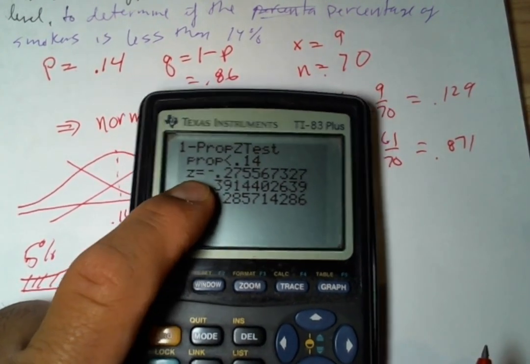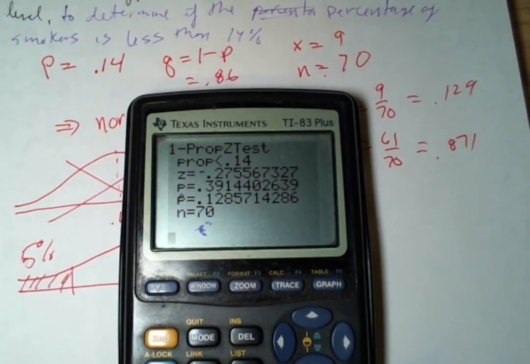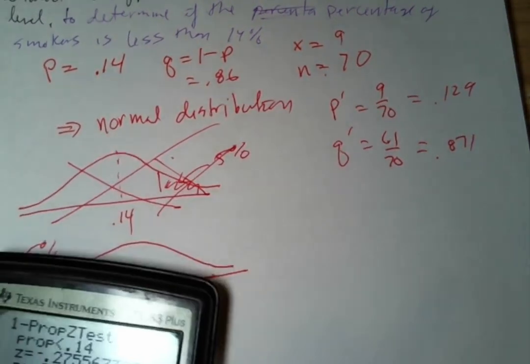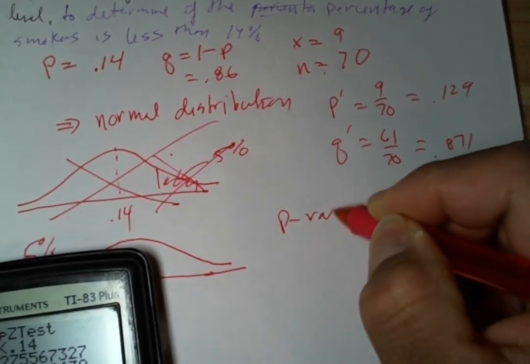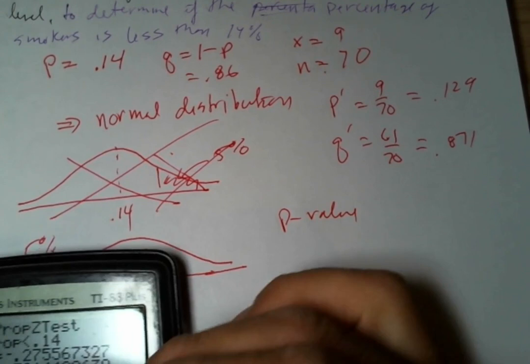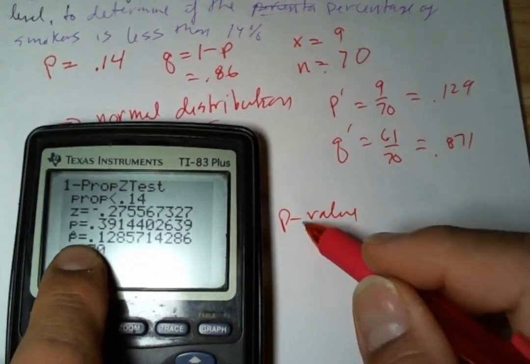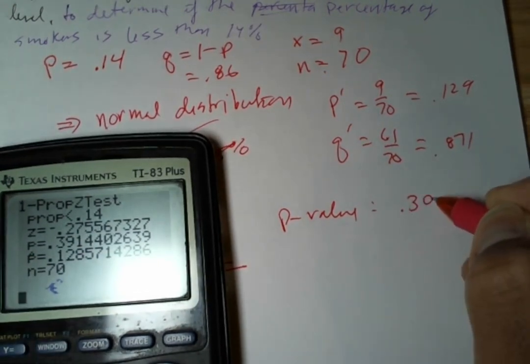The z-score we always interpret as the standard normal. So it's not even one standard deviation to the left of the mean, based on the data that we found. In other words, this is our p-value. I know it can get confusing: p prime is simply the 9 over 70, but this is our p-value, which is 0.39.